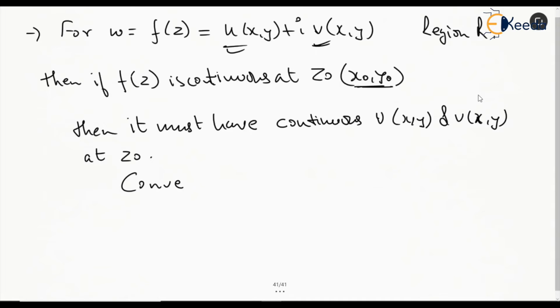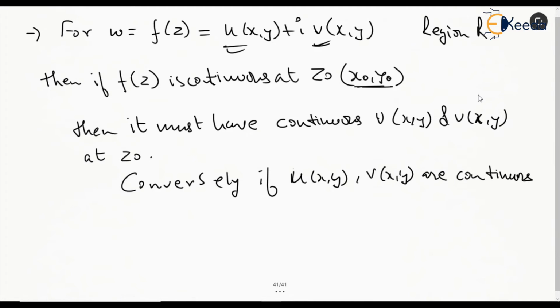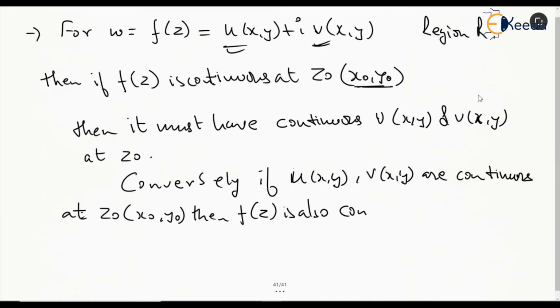So conversely, if u x y and v x y are continuous at z naught, let's say x naught and y naught, then f of z is also continuous at z naught.